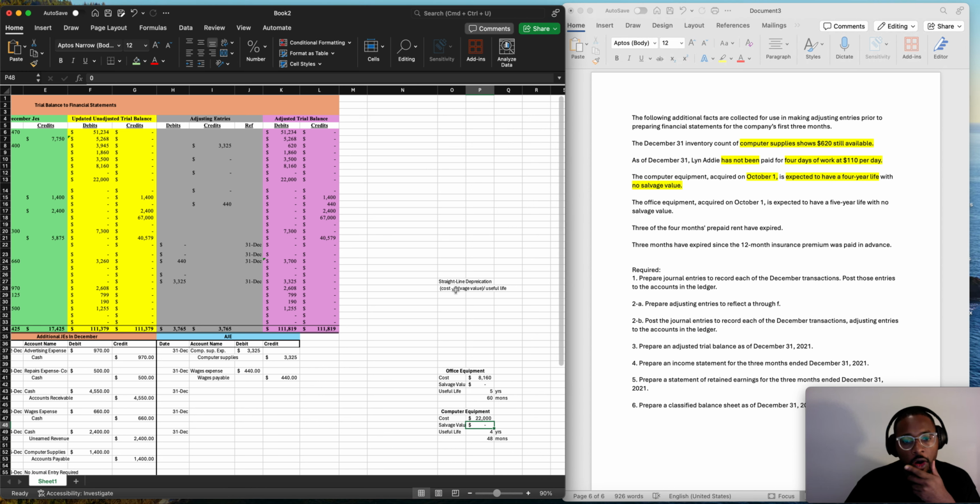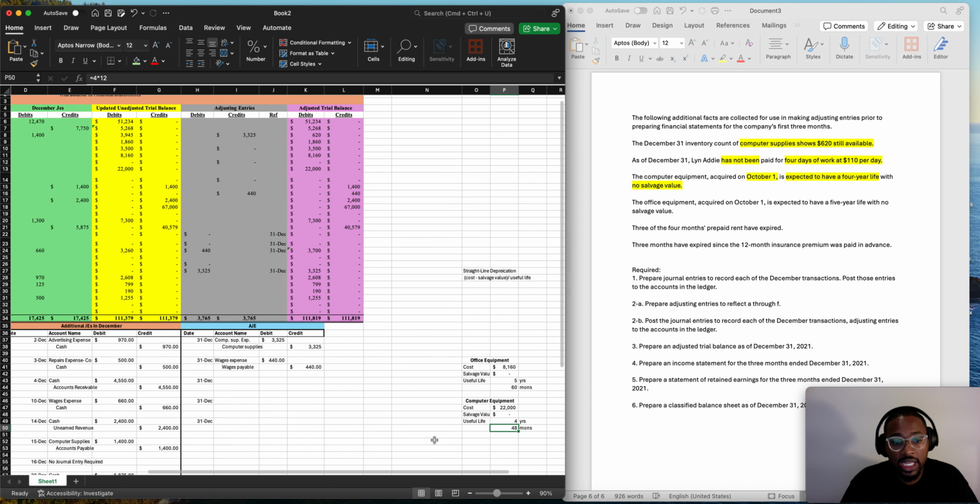Okay, so cost minus salvage value. So 22,000 minus 0 is 22,000. Then we need to divide it by the useful life. Now, the useful life is 4 years, but we don't need this in years. We need it in months. So we're actually going to do 22,000 divided by 48.